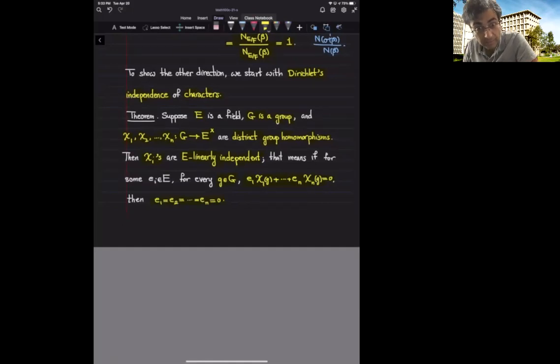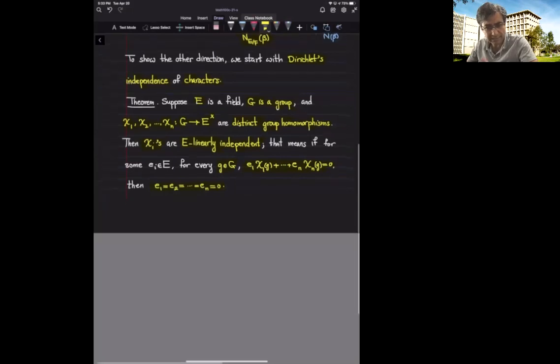Such a group homomorphism we also call a character of G, an E character of G. But I prefer to refrain from that statement and call them group homomorphisms, but traditionally they are also called E characters of G. So the chi sub i's are these distinct group homomorphisms from G to E cross, and the claim is that then they are E-linearly independent, which means if some E-linear combination of them gives us the constant zero function, then all the coefficients are zero. Okay, so that's the claim.